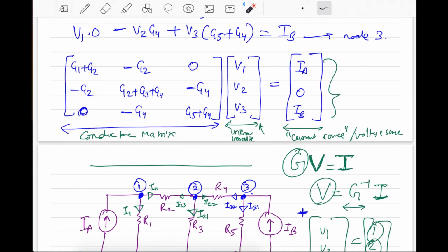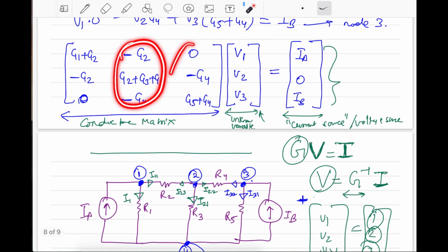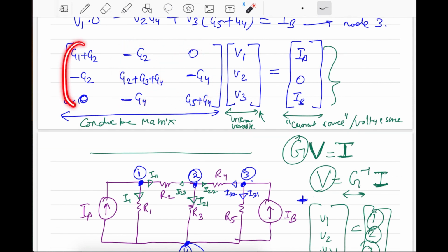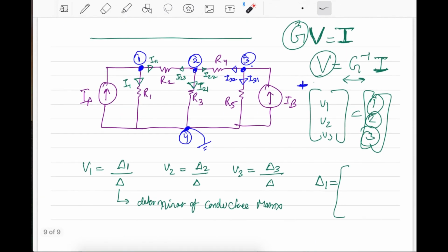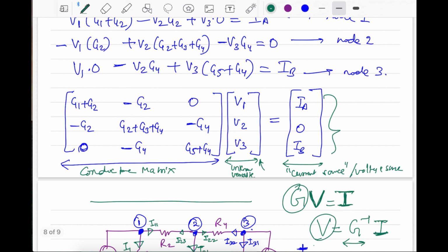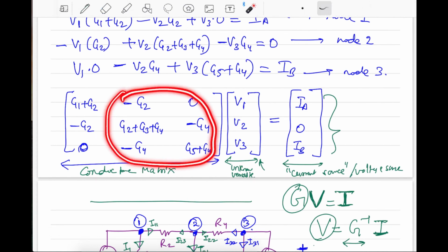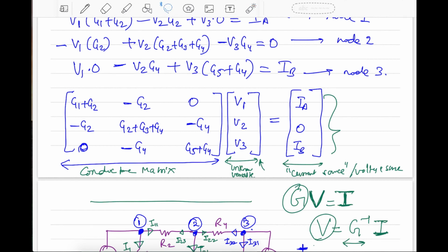So this and this will stay, but this column will be replaced by this particular vector. Exactly what it will give you is IA, 0, IB, and then you have all the other elements of this matrix. I'm not repeating it this side, but let me see if I can copy this here.